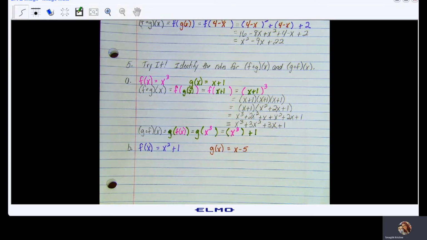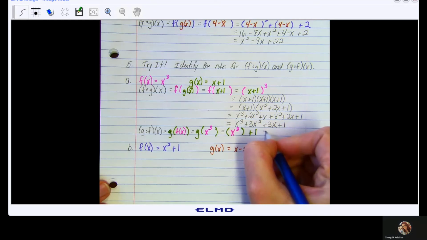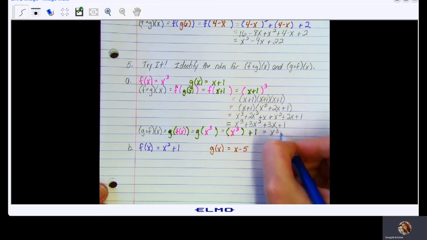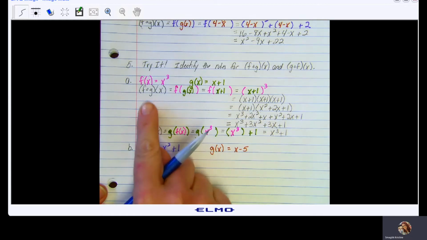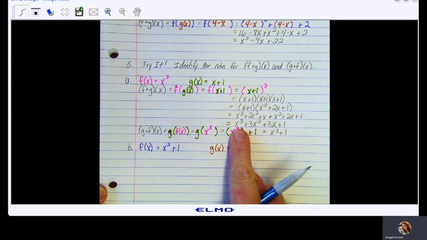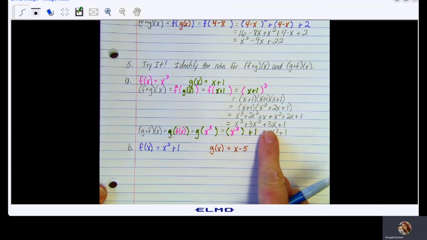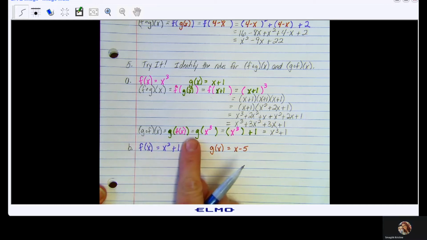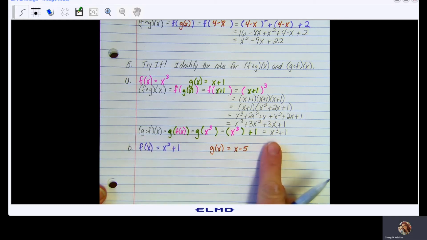And when you simplify that, you get x to the third plus 1. So notice f of g of x gets us an answer of x cubed plus 3x squared plus 3x plus 1. Now if I compose it the other direction and I go g of f of x, I get x cubed plus 1.